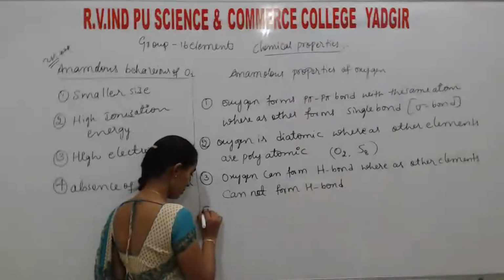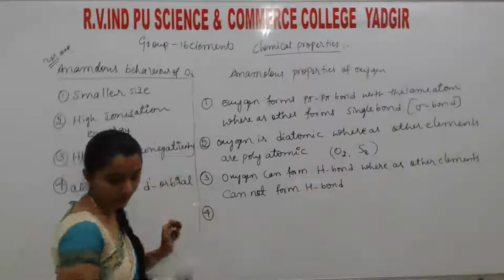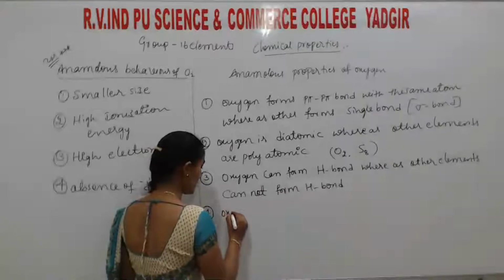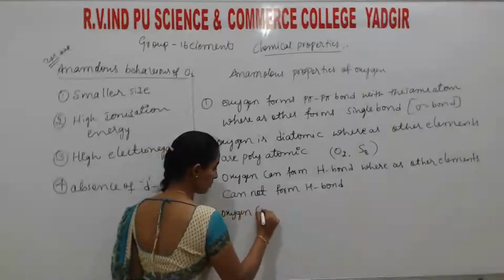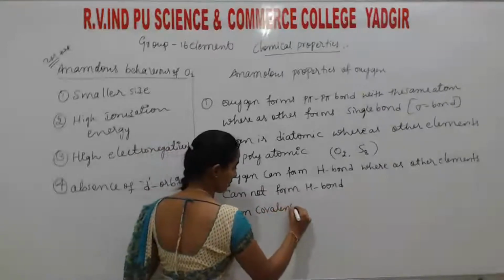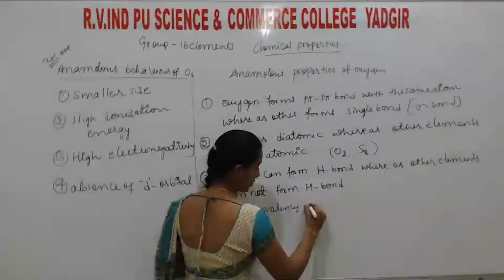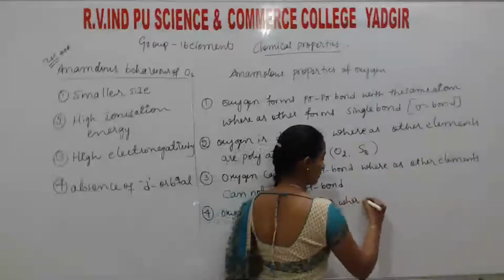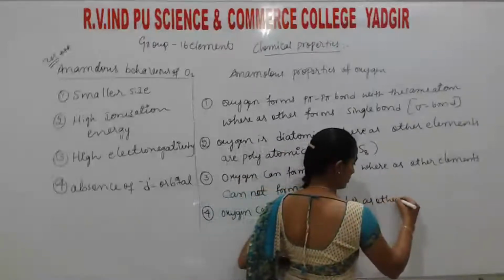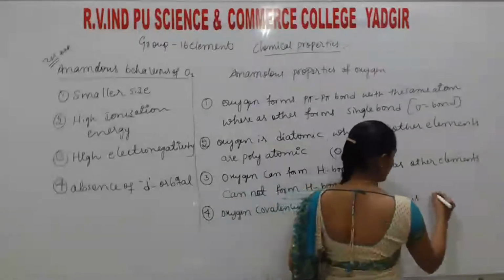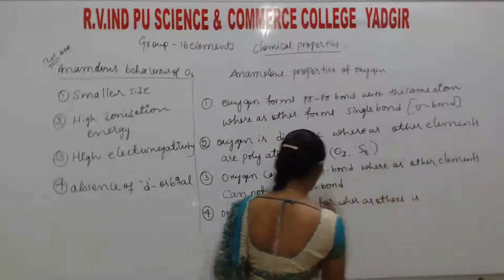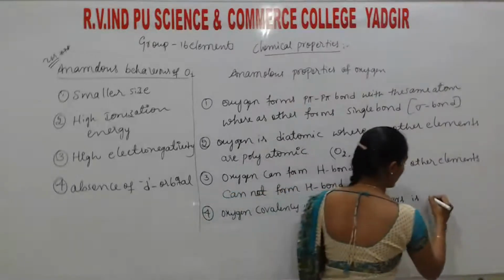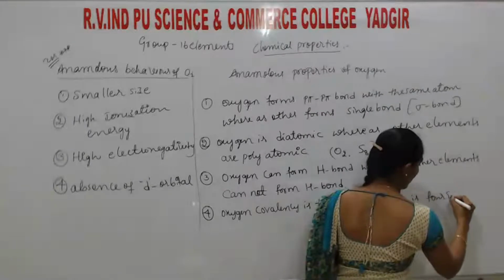Next, the fourth property is covalency. Oxygen's maximum covalency is 2, whereas others are 4 and 6.